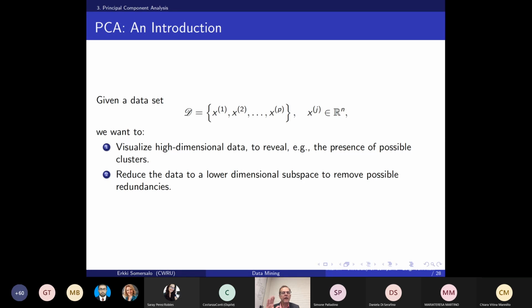They could be whatever, but they are all assumed to be vectors of Rn. So whatever data I have, I arrange my data into column vectors, and I have p instances of this data. So my data set D consists of p data vectors, which are all vectors in Rn. So we have n attributes or n components in those.